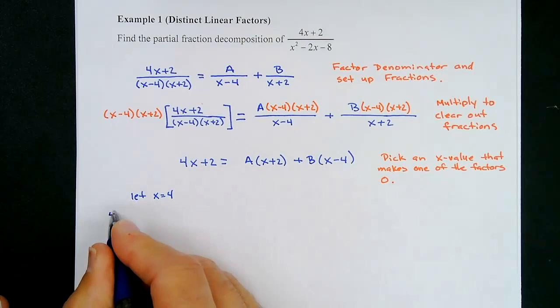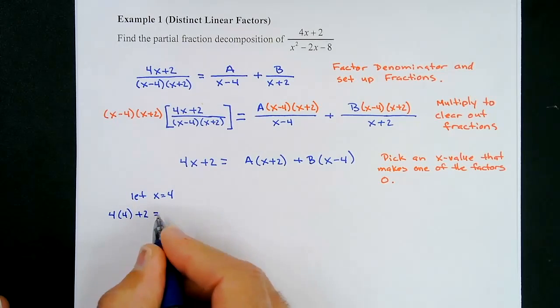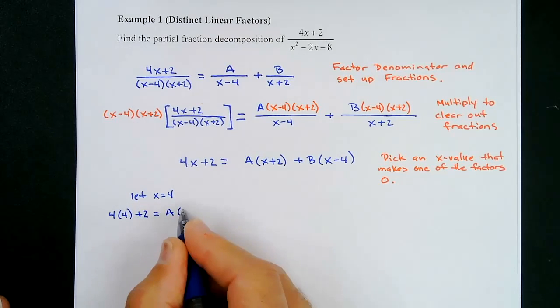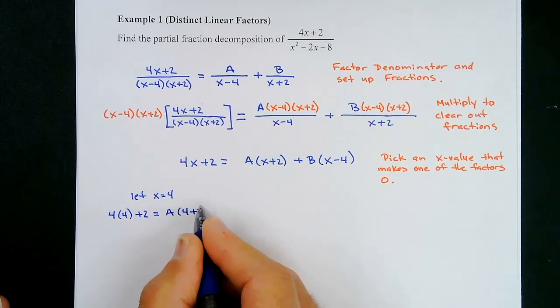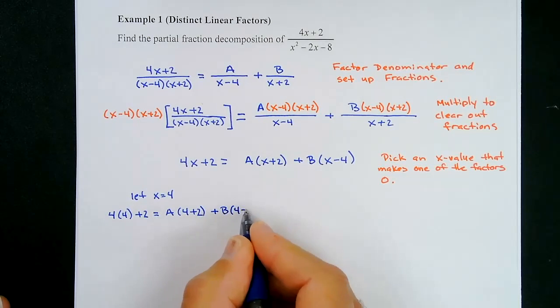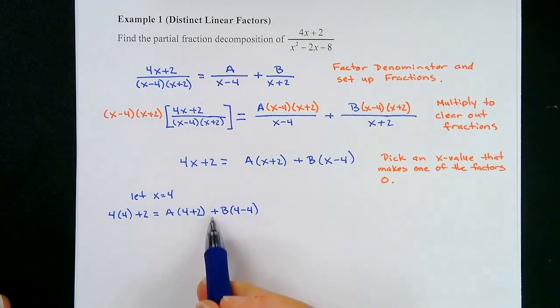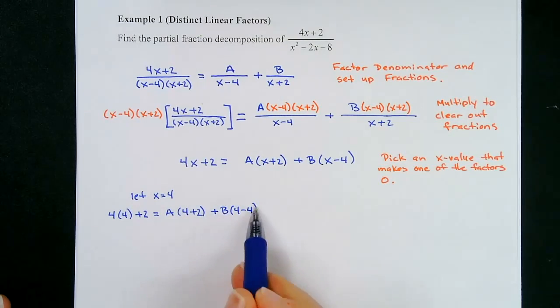So we'd have 4 times 4 plus 2 is equal to a times 4 plus 2 plus b times 4 minus 4. And so what that's going to do is get rid of this b value right here, because this is going to be 0 times b.